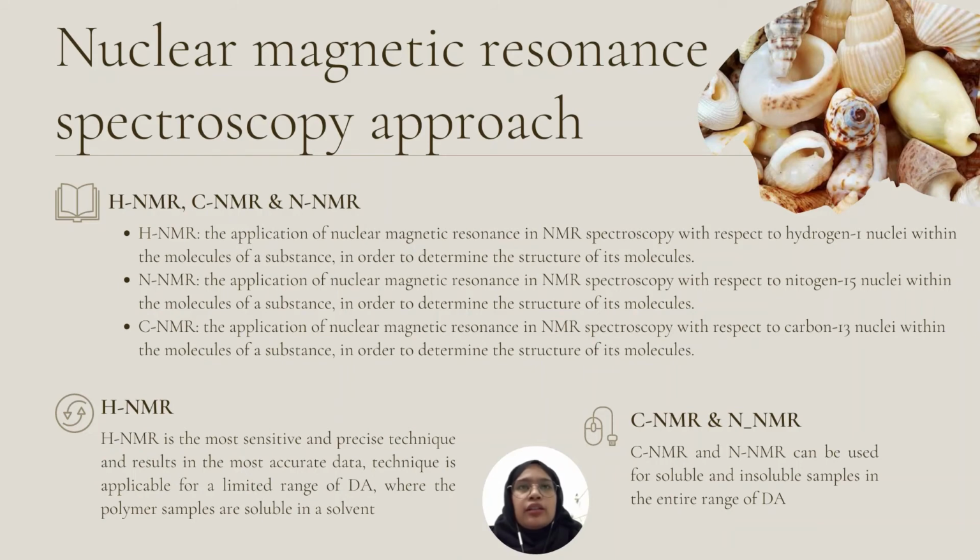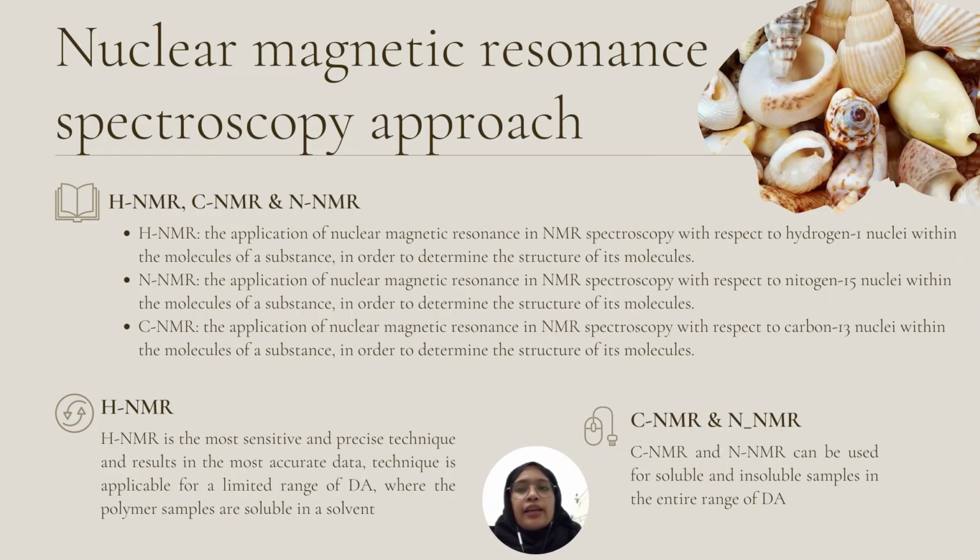And the last one is CNMR, the application of nuclear magnetic resonance spectroscopy with respect to carbon-13 nuclei within the molecules of a substance in order to determine the structure of its molecule. So there are three types: H hydrogen, C carbon, and N nitrogen.